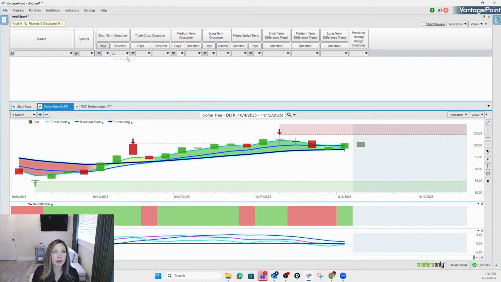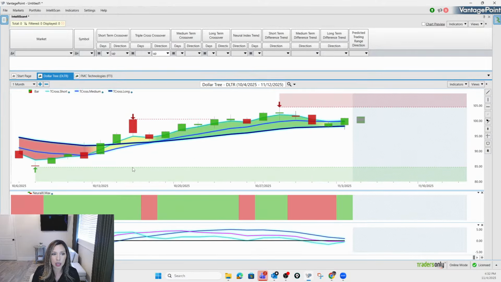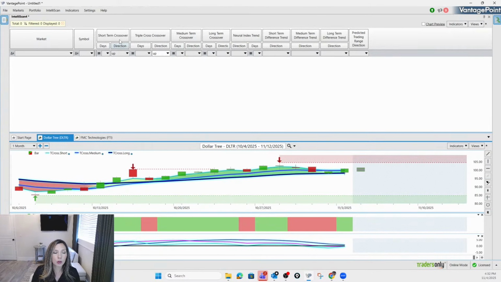So we're going to focus on the short-term crossover and the triple crossover, okay? So I'm going to leave those two first. Now, with the triple cross, do we want things that are also going up? Now, I pulled Dollar Tree up because I want you guys to see visually, is our triple cross indication up? Yes, it is. We've already established this, and we're looking for now renewed shorter term strength.